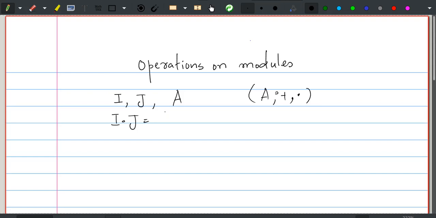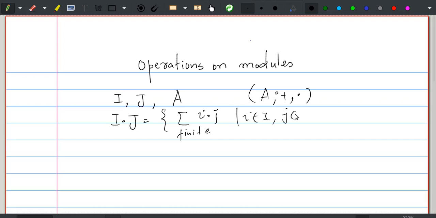If we define this product to be the finite sums of products of elements of I and J, so it is i times j, where i is in I and j is in J, then this set has the ideal structure.